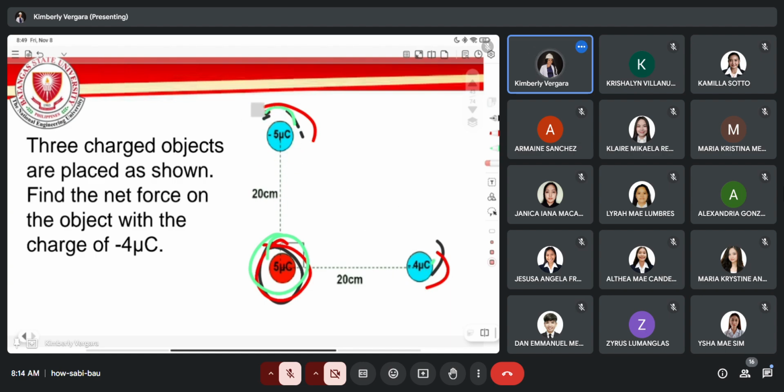Sabihin natin, meron tayong negative 5 microcoulomb.